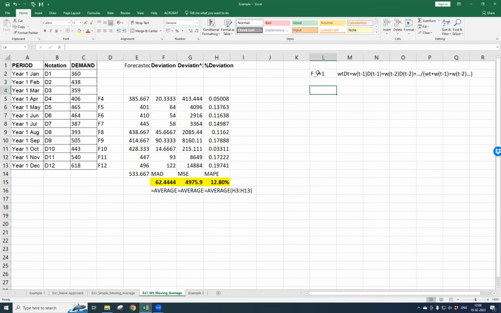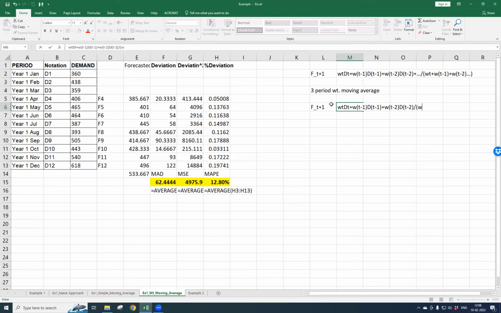Now, same way, if I have to do this for a 3-period moving average, that is a 3-period weighted moving average, I'll say that Ft+1 would be nothing but Wt Dt plus Wt-1 Dt-1 plus, please remember that this is only 3-period, Wt-2 Dt-2.